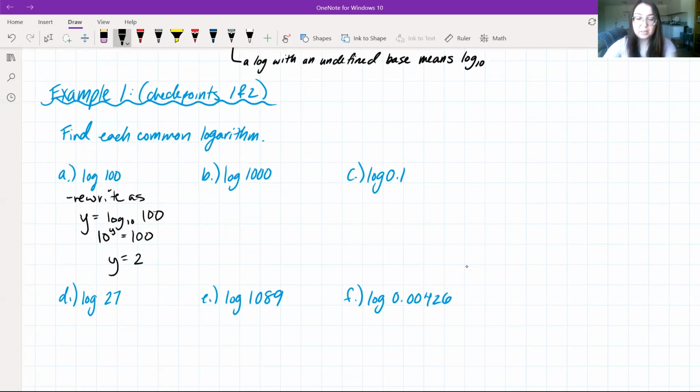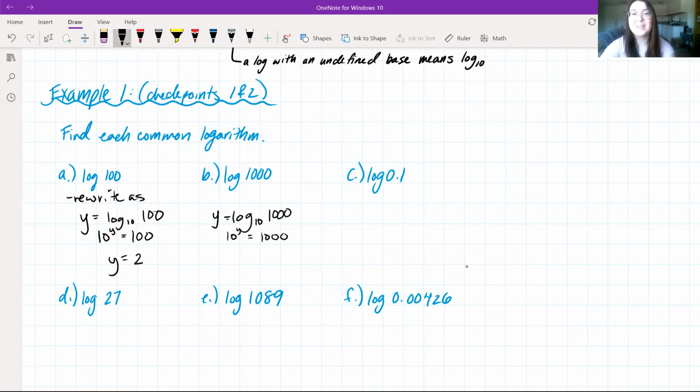So now we can move on here to part B. We have log of 1,000. So let's rewrite this again and just write it out. We have y is equal to log base 10 of 1,000. So we know, like last problem, that this means that 10 to the y power is going to be equal to 1,000.